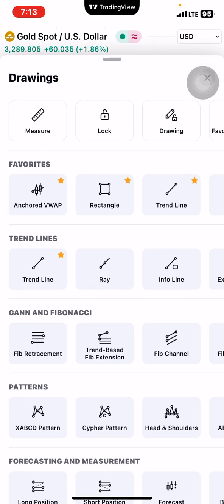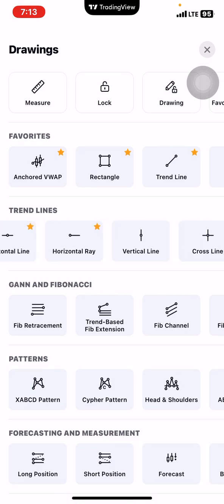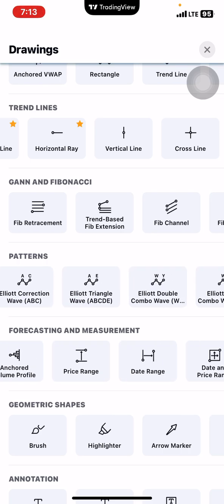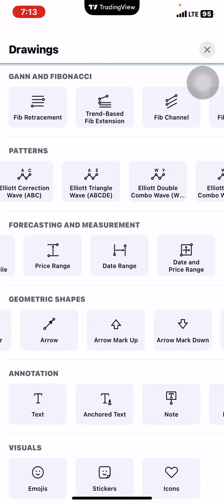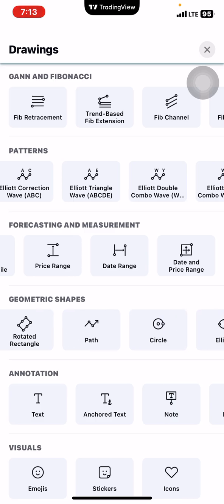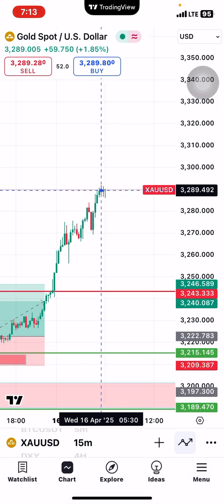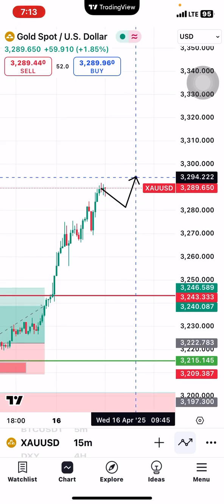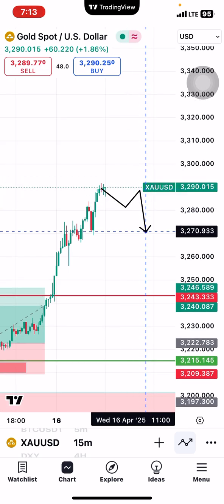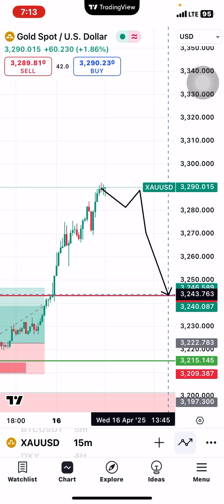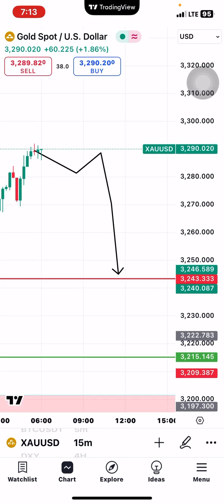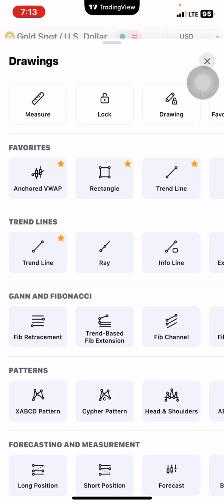I want to see some kind of wave. So I'm expecting to see some kind of retracement, right? A retracement right there, just like that, coming down to this level before we look for what price is going to do, because at this zone I want to see some kind of reaction, right?